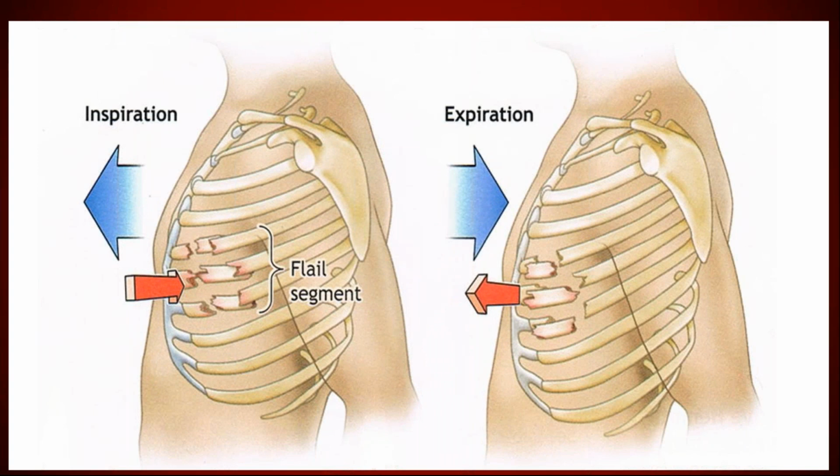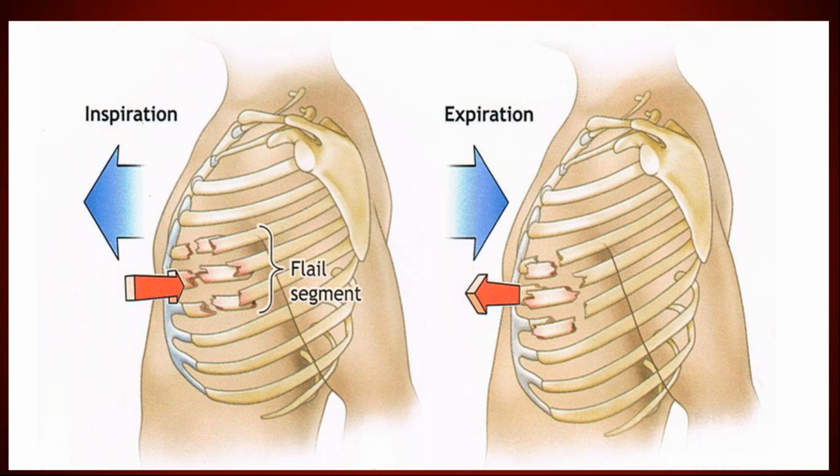This is an example of paradoxical movement or a flail chest segment. This is multiple broken ribs in multiple locations, and so we can see a separation of that rib cage. When we inspire and our chest cavity expands, that flail chest segment actually depletes and goes into the lung cavity, and vice versa when we're expiring.